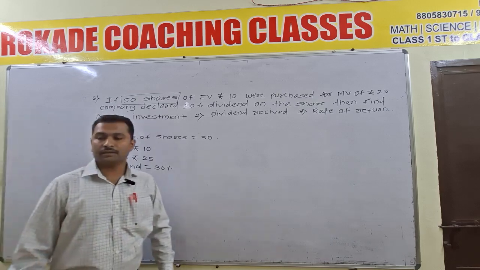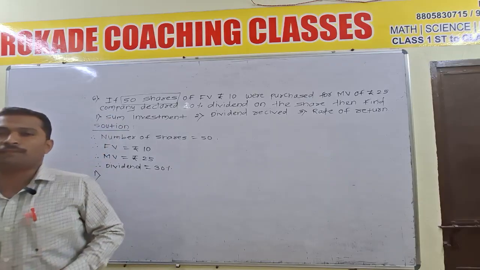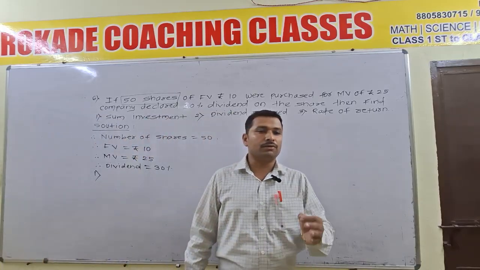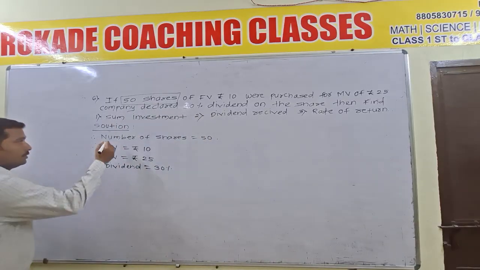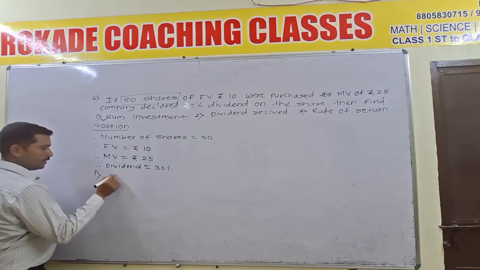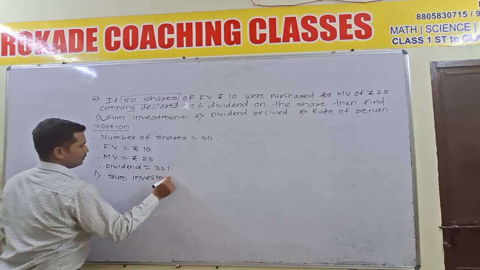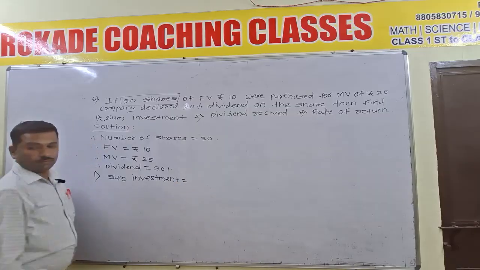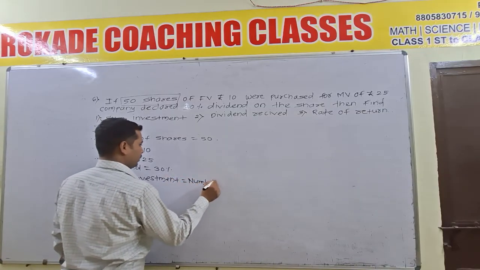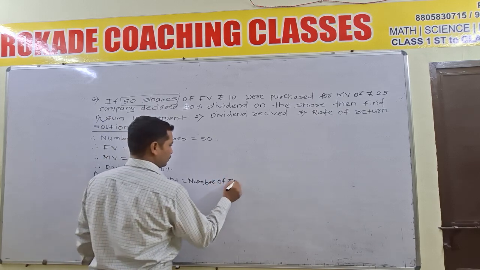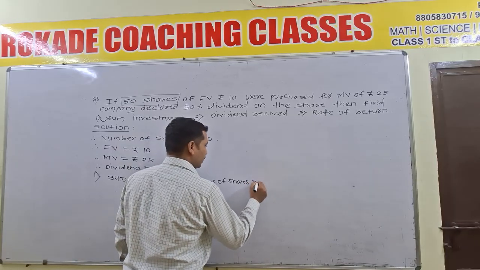Sum invested. We use the formula: sum invested is equal to number of shares multiplied by market value. Write down the formula first. Sum invested is equal to number of shares multiplied by market value.